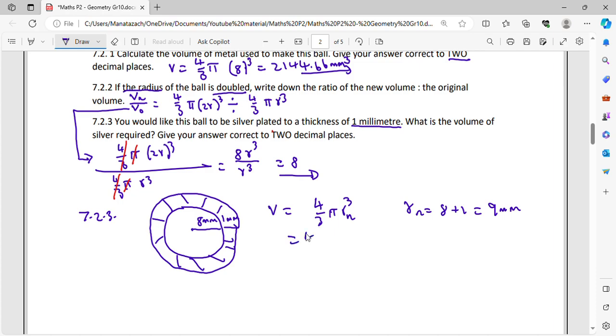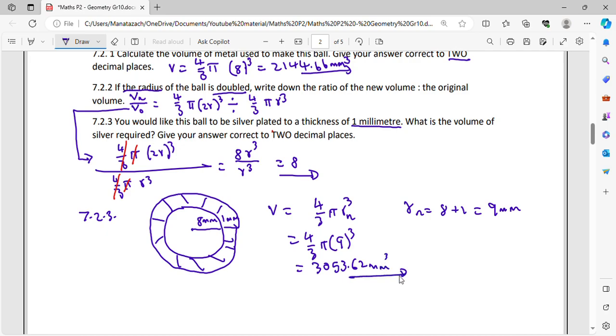So to work out the volume here, 9 cubed times pi times 4/3 is 3053.62 cubic millimeters to 2 decimal places.